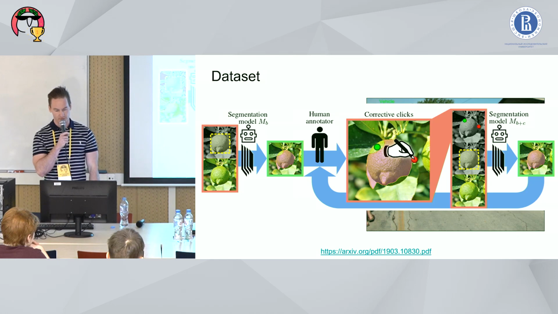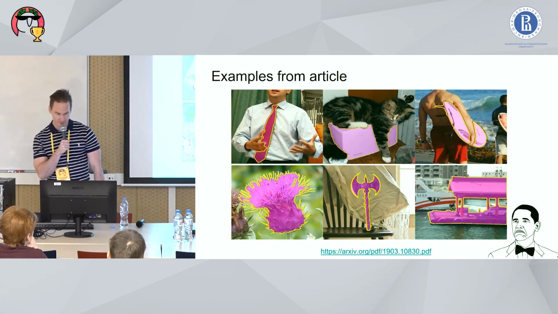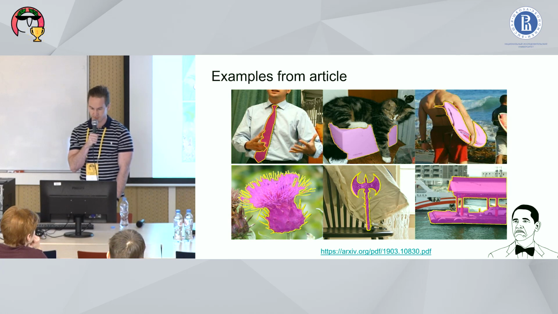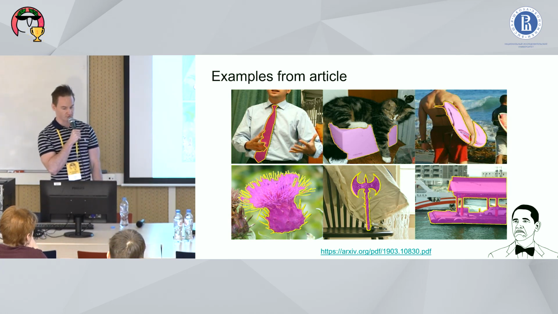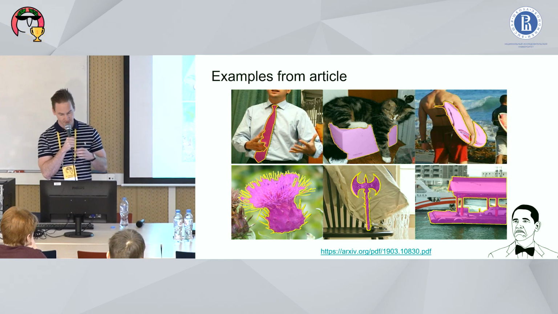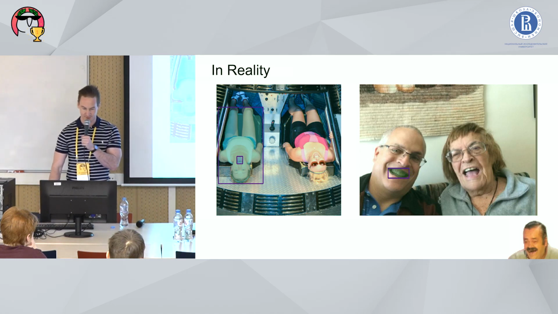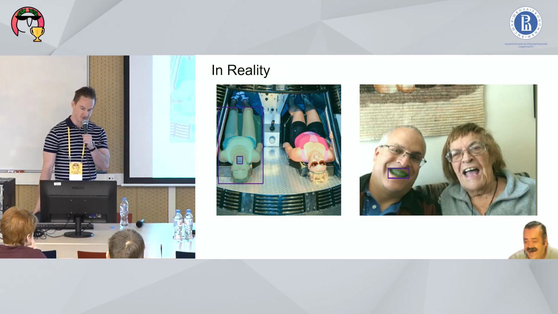So it's very important to know that the train and the test parts are significantly biased in terms of annotation procedure. This is an example from the article. They look very good because there are some difficult objects with some kind of sharp structure. But if you look at the dataset by yourself, you can find examples like these.